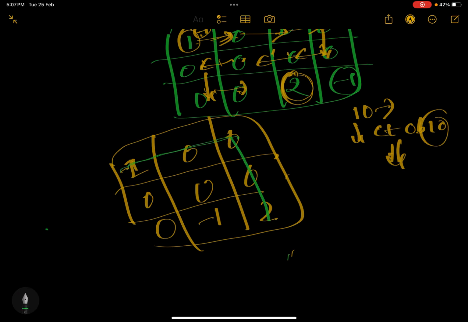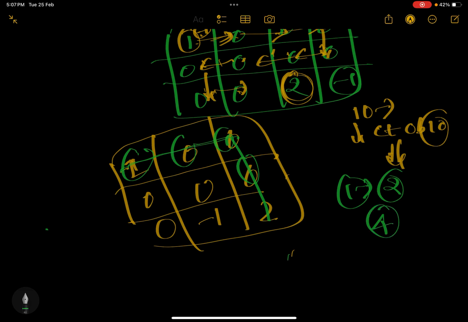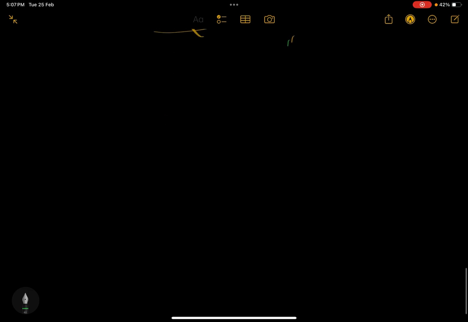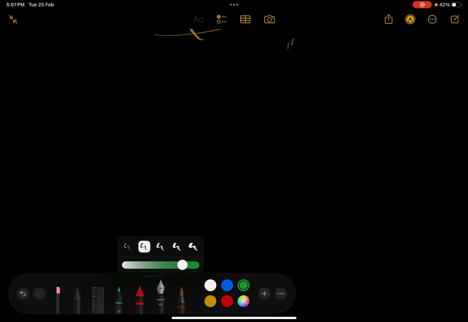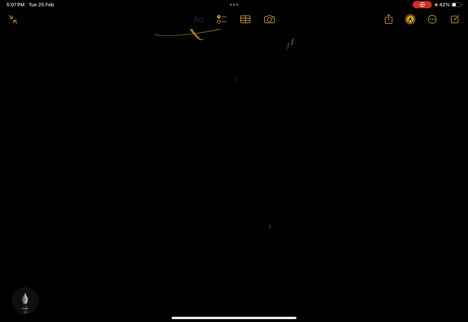So 1 2 3 4, you reach from starting to ending, but as you can see, we have crossed 1 2 3 4 non-obstacle cells, but how many were there? 1 2 3 4 5 6 7. So is 4 equal to 7? No, which means you missed some non-obstacle, you didn't go through it, so it won't be a possible path. So I hope you understand what the question wants to say, and how we can approach this question.